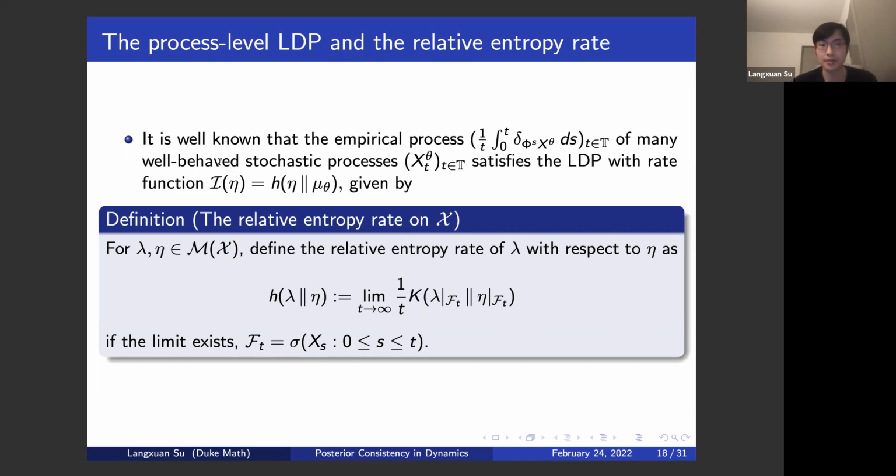This is a classical result in large deviation theory for processes like IID processes and Markov chains, and maybe even hypermixing processes. So that gives us the inspiration for how this H should be defined: it is given by this relative entropy rate. In the statistical mechanics literature, they call this the average entropy production or something like that.